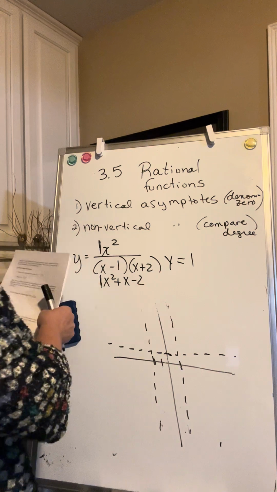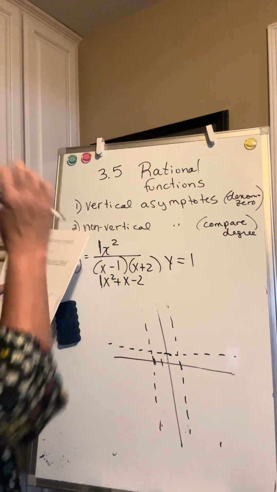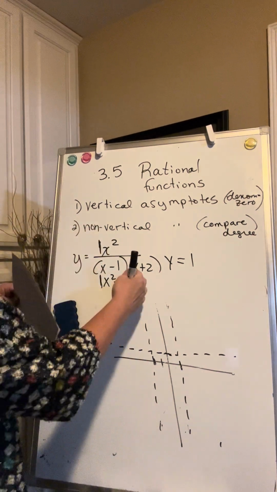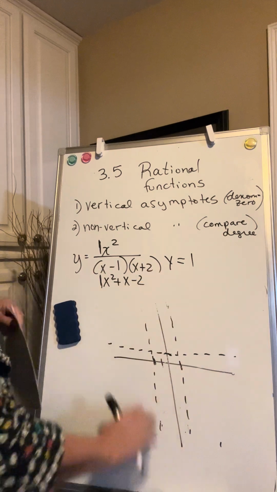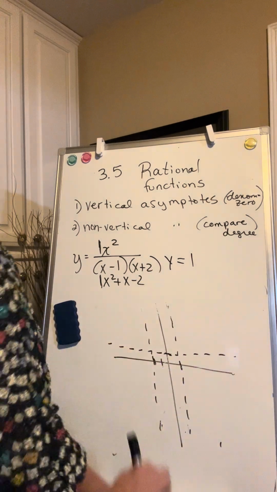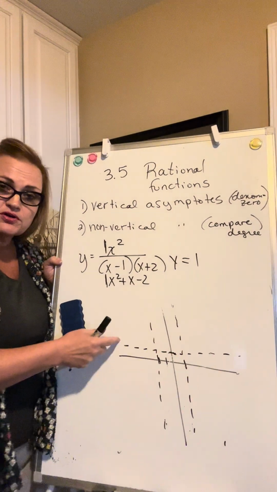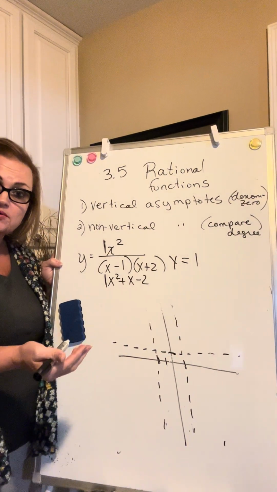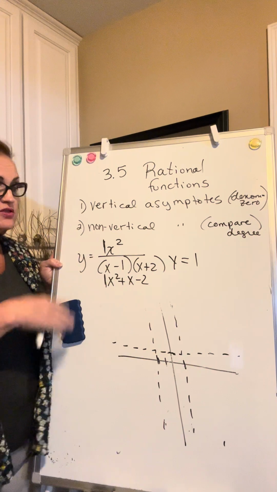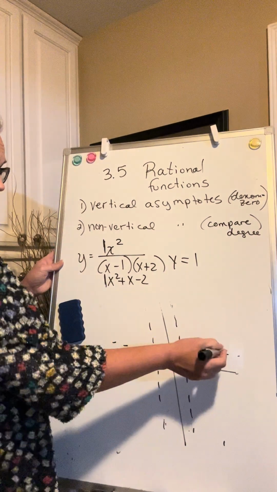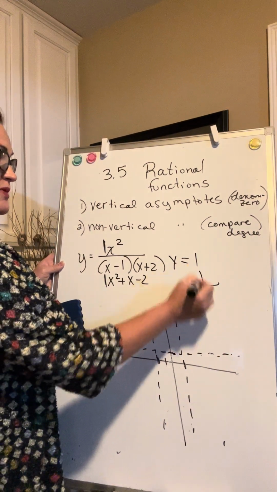Now, to sketch that graph, we could plot some points. We know that the graph never crosses these vertical ones, but it might cross this non-vertical line. So the rule says you can cross the non-vertical asymptote one time, if any. The way we figure that out is we sort of make a t-table.